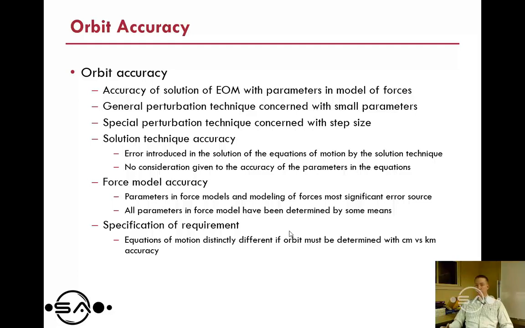But my sole focus would be on getting the accurate answer, right? So I'll be more concerned with the force model accuracy. So a lot of getting good at orbit determination is actually figuring out how accurate I need to be, and so making that specification, or your requirement specifications, right?